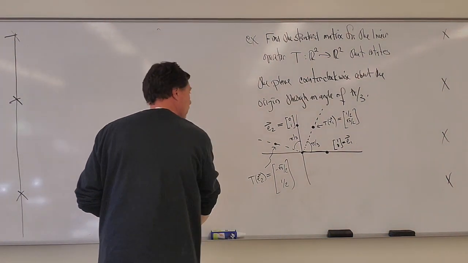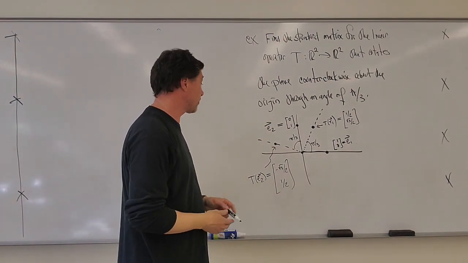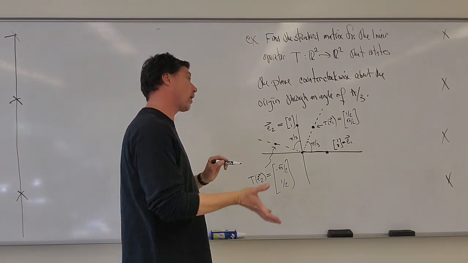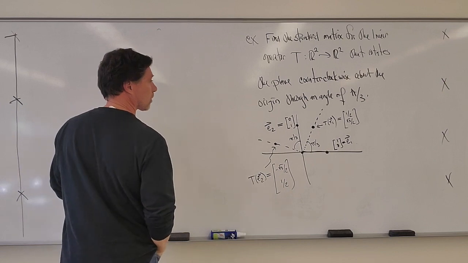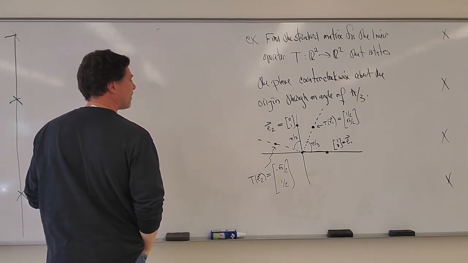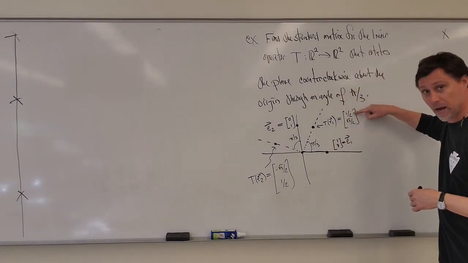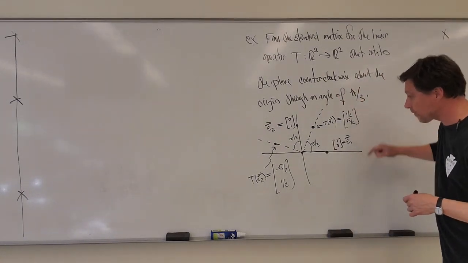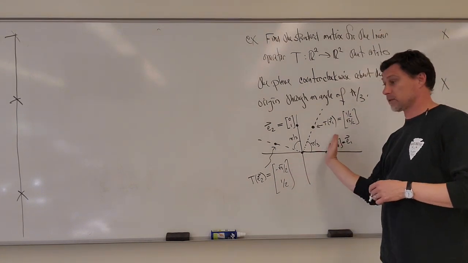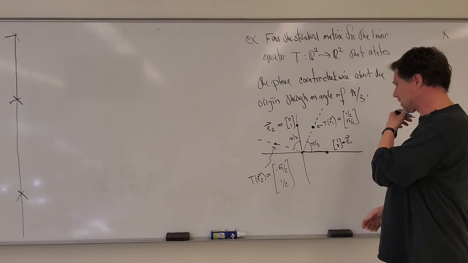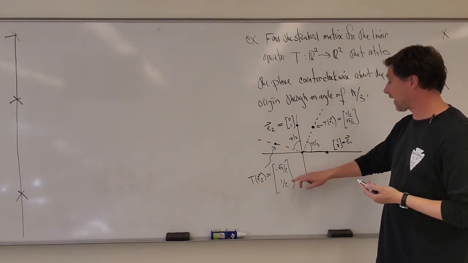So all I'm doing right here is unit circle trigonometry to figure out who these two vectors are. This is cosine of pi over 3, sine of pi over 3. And then these entries right here, this is cosine of 2 pi over 3, because now we're going 2 pi over 3, and this is sine of 2 pi over 3.